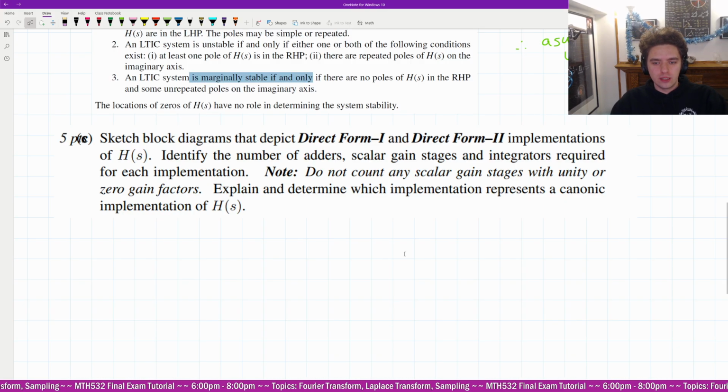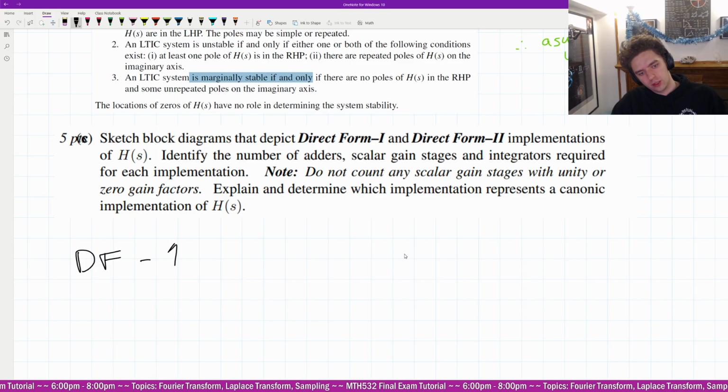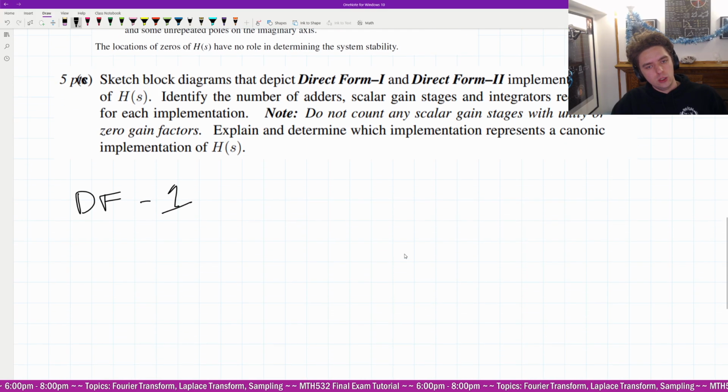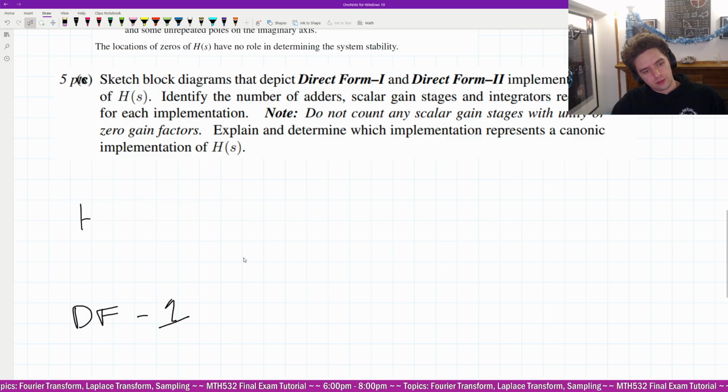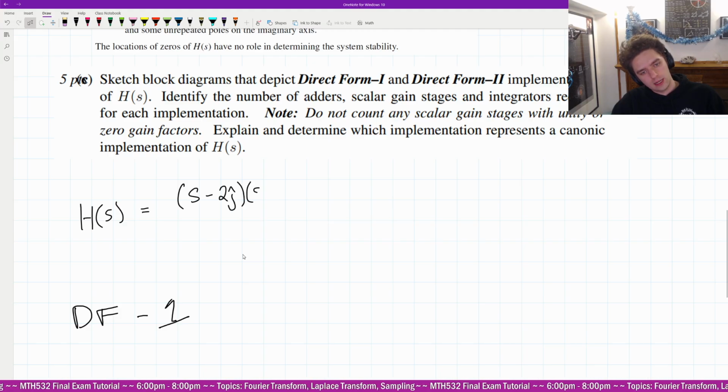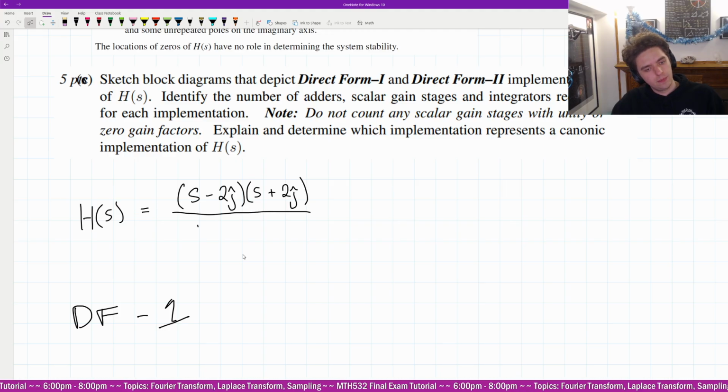So we have direct form 1, so let's start with that. Before we even do any of that, I got to look at the transfer function a little bit. So that's H(s) equals (s minus 2j)(s plus 2j) all over (s plus 3)(s plus 1).